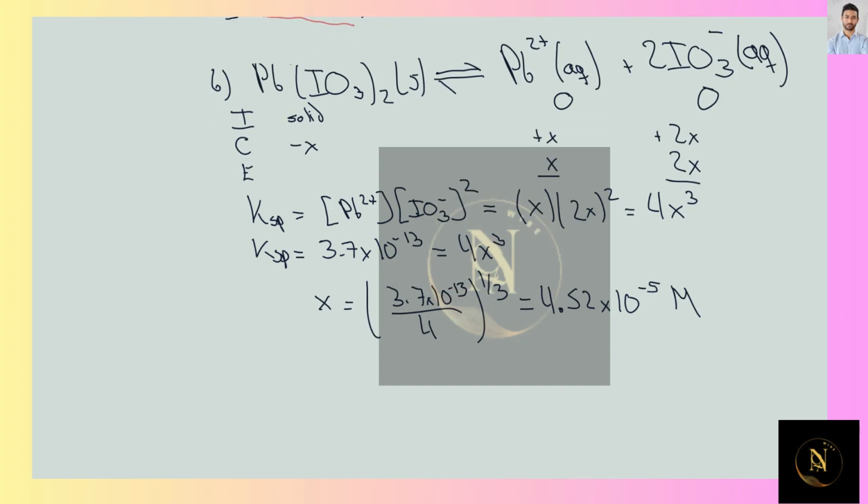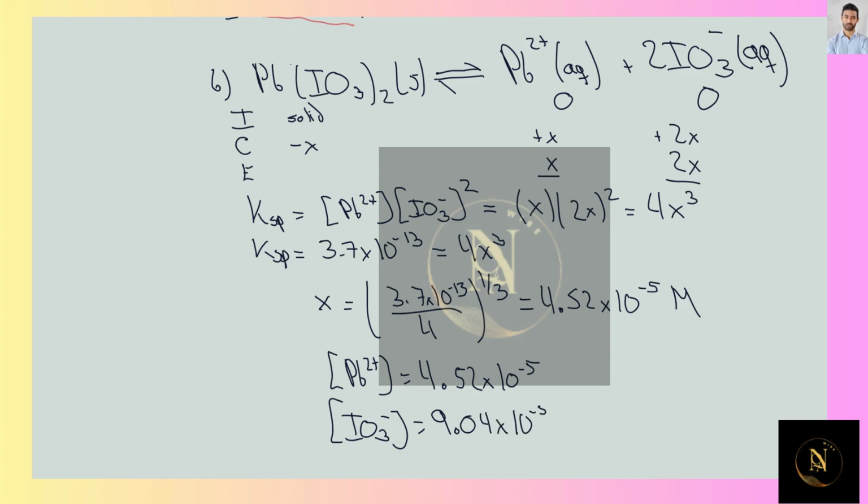Now, to get the concentrations, the Pb2 plus is the same value as x, and for the iodate ion, it is 2 times that value, so 9.04 times 10 to the minus 5, molar in both scenarios.